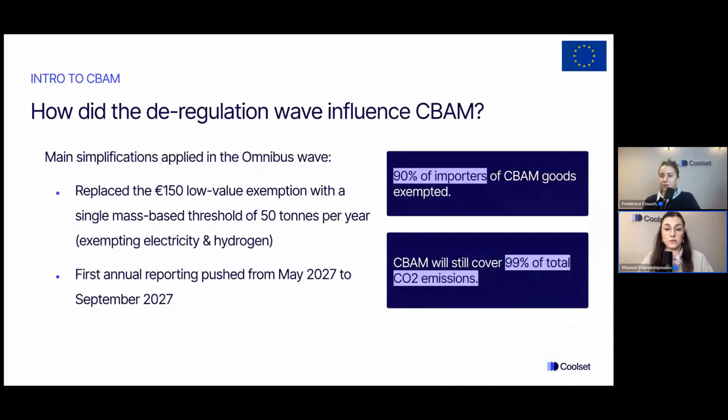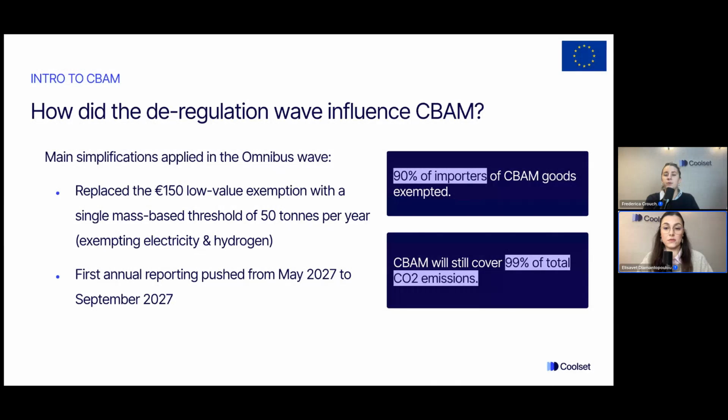For many of you that have followed our webinars or are following sustainability policy more widely, you will have heard about the omnibus and how that's been affecting a lot of climate policy within the EU quite significantly. CBAM has also not escaped its wrath, but the simplifications are pretty clear here. The two main ways that the omnibus wave has impacted CBAM are in a threshold.